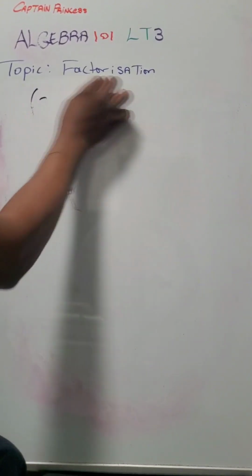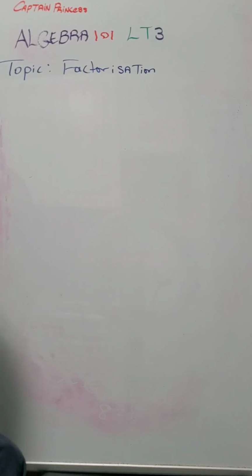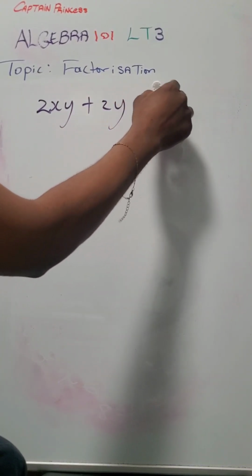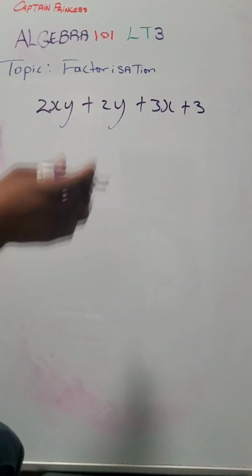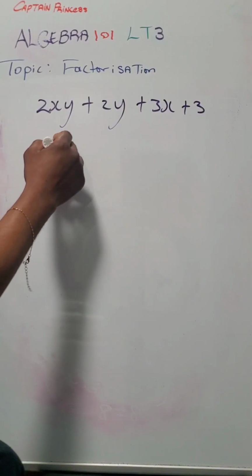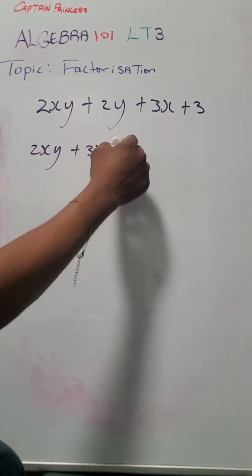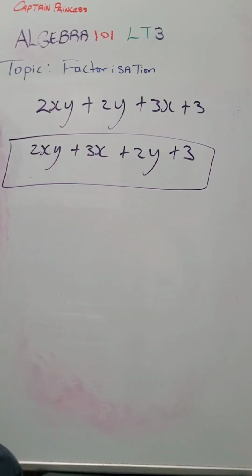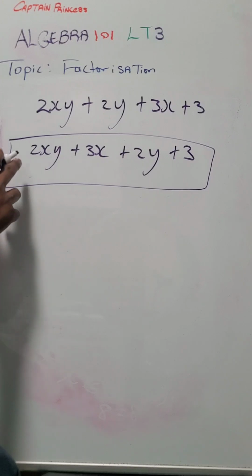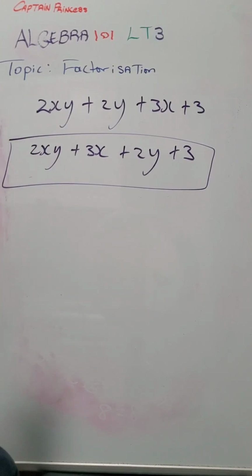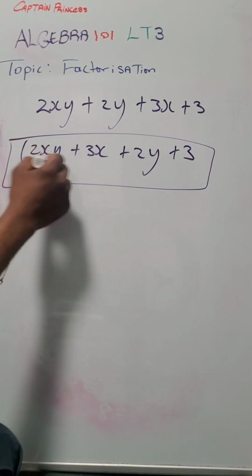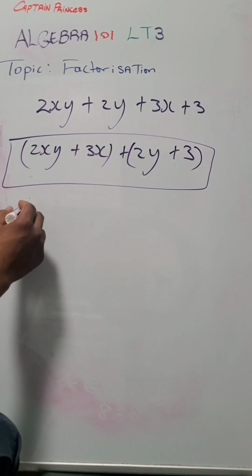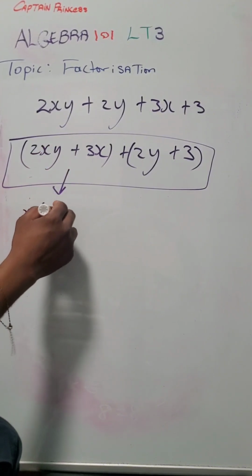Now I'm going to do this one more way. If you were to write the expression 2xy plus 2y plus 3x plus 3 and rearrange it, say, into the form 2xy plus 3x plus 2y plus 3, and then do factorization by grouping, we group these two terms together and write the common factor on the outside, which is x, and we will end up with 2y plus 3.